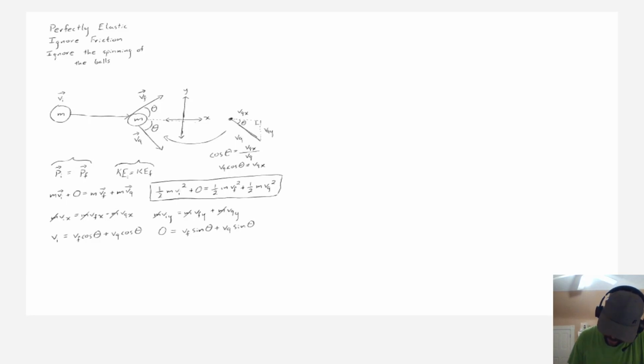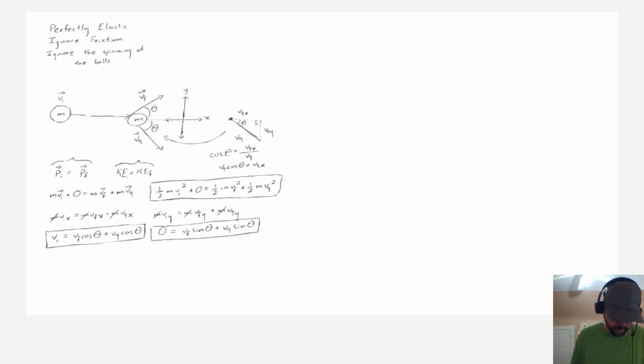So now we have these three sets of equations, and if we put these together, we can solve for theta and get an equation for theta, or perhaps we'll get lucky and get a value for theta. So let's see.